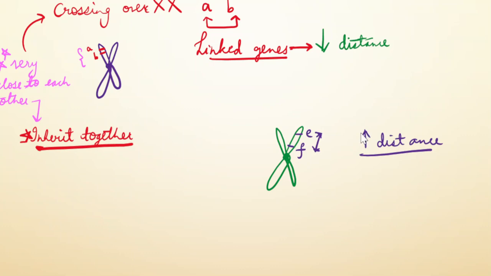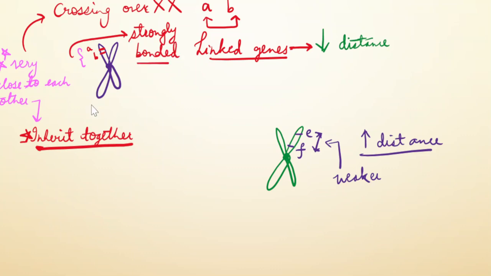That means they are not linked, and the bond is not stronger. Here the bond is weaker, but in the first case the bond is stronger. So it is strongly bonded there, but here it is weakly bonded.